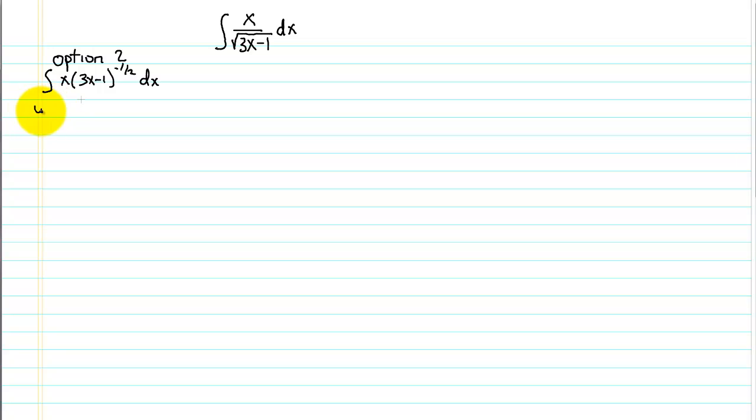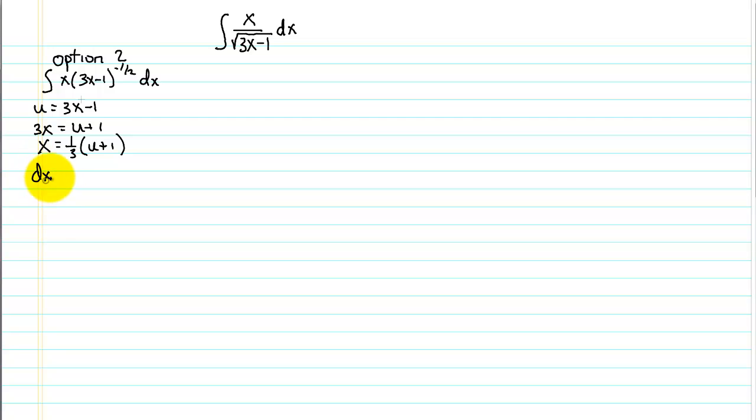I would set my u to be the quantity inside of our parentheses. We solve this for x, so we add 1 to the u and then multiply by 1/3 to get the x by itself. That'll be what we use for substituting for our x's to get it in terms of u.